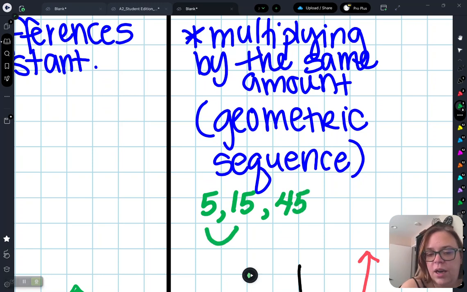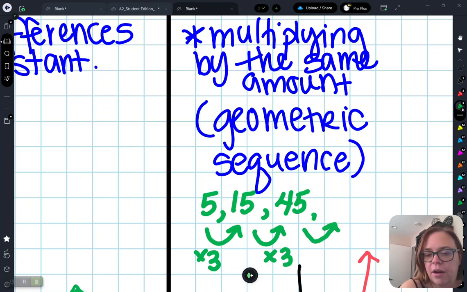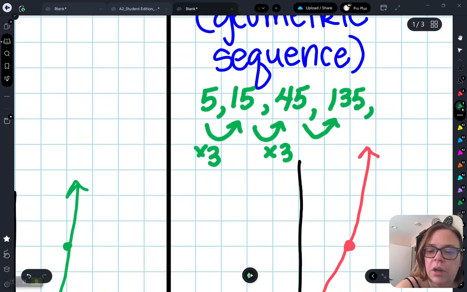You may notice that I am multiplying times 3 each time. And it would continue on in this pattern. 45 times 3, I believe that's 135, and then it gets big very quickly if we're multiplying by a whole number like that.